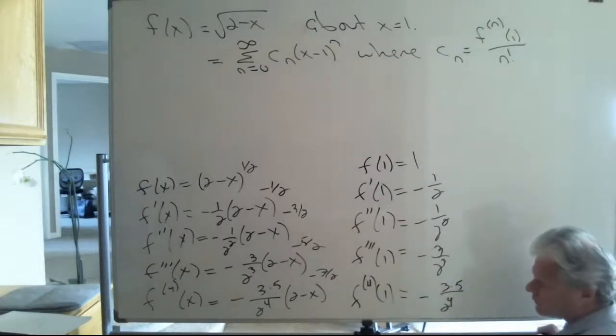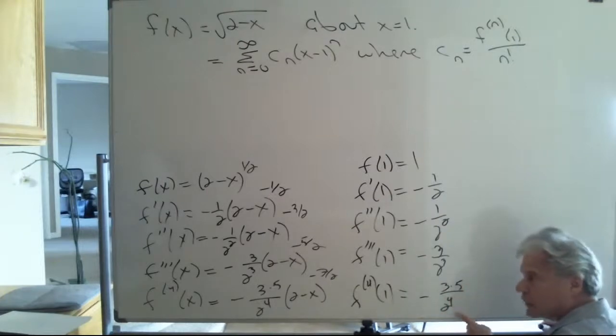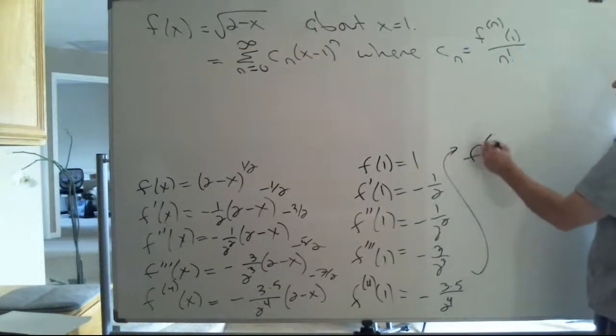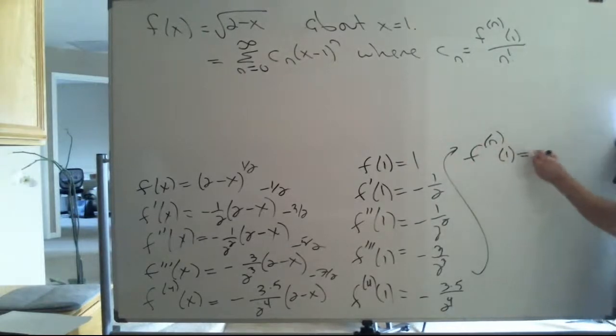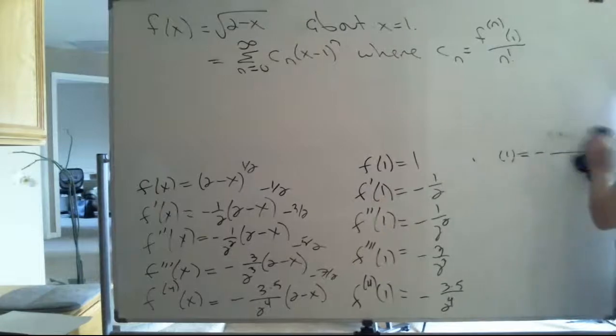Of course, with the next derivative, I'm going to introduce a coefficient of 7 in this numerator and an extra factor of 2 downstairs. That suggests to me that there's a pattern to this nth order derivative evaluated at x equals 1. Would that be something negative, whose numerator is 1 times 3 times, okay, you know what, this isn't going to work. I just don't have the board space. Let me try that one more time.